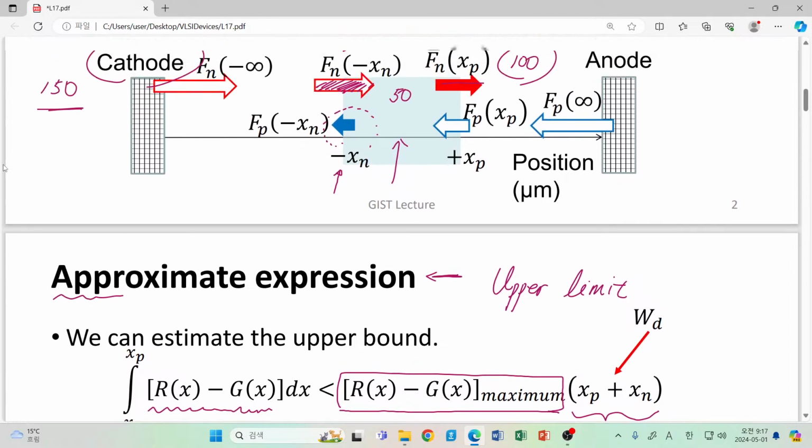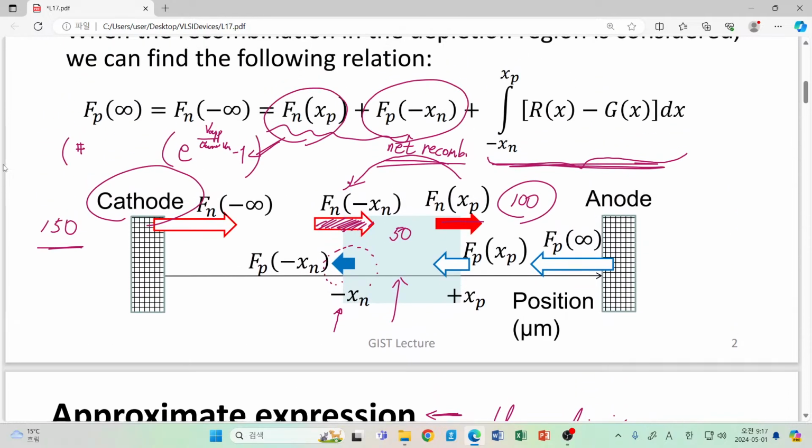So let's just come back. Instead, let me draw once again. Let's assume that our net recombination just looks like this, for example.